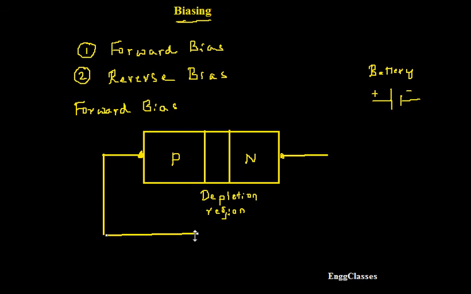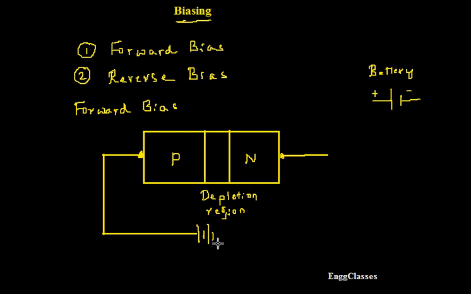Is that okay? So that is the very basic concept. Let me draw the same thing. I have considered the p-type semiconductor, and now I'm joining it to the positive terminal of the battery. So here let me draw that. This I would call the positive terminal, this is the negative terminal. So I will draw another pair of that. This is the positive terminal, this is the negative terminal.